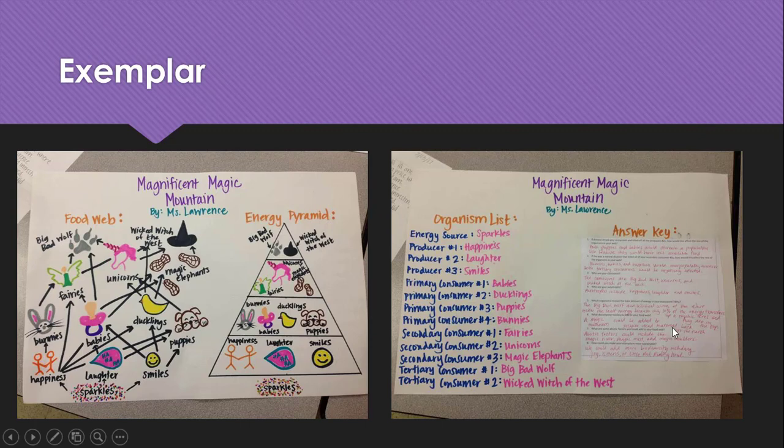Over here we have what I was calling earlier the answer key, which is a whole bunch of questions, and you can see this on the project document, like who are your carnivores, or if you had less of your secondary consumer number one, what would occur? So it gives a little bit deeper analysis of whatever they have chosen to describe on the front.